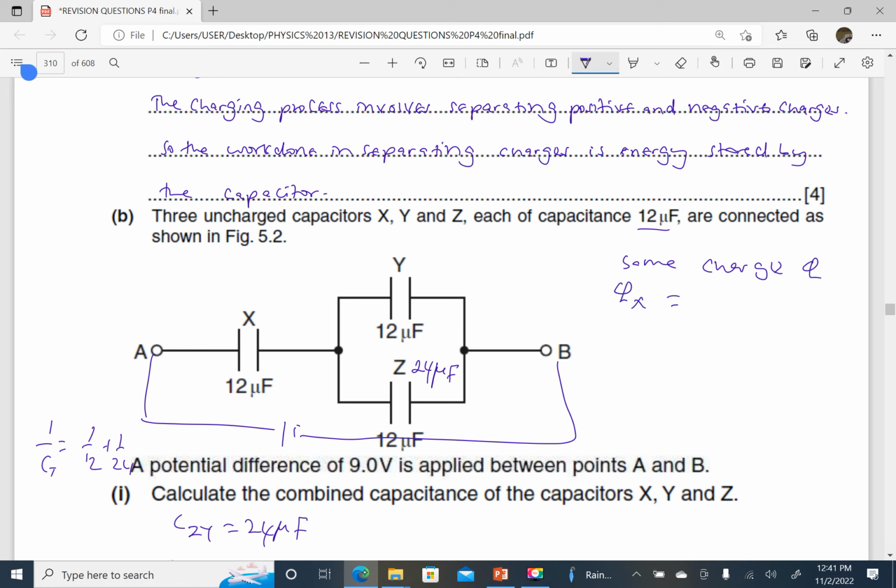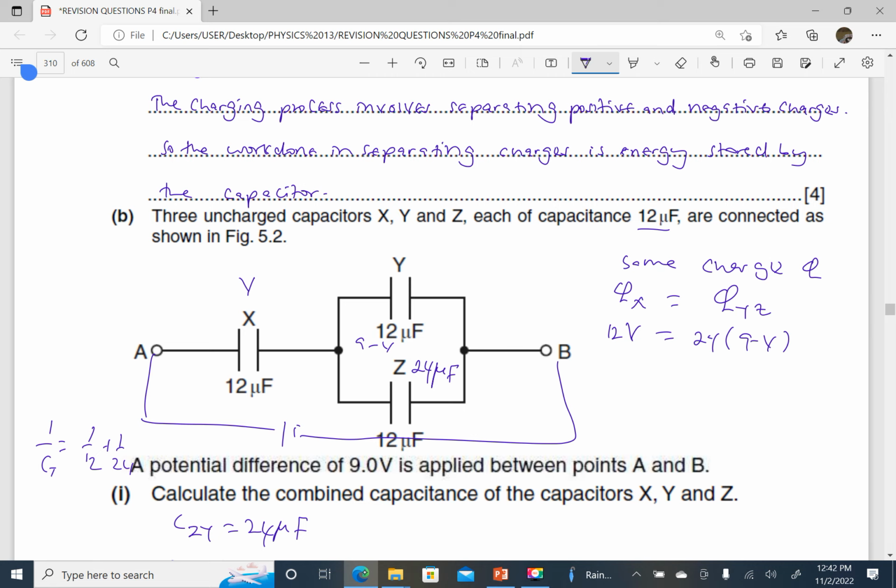If the PD across X is V, then the PD across the parallel combination should be 9 minus V. So the charge across X is C, which is 12, times V. The charge across YZ is total C, which is 24, times the PD, which is 9 minus V.